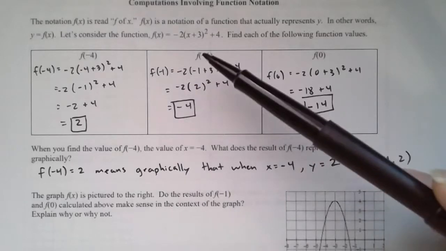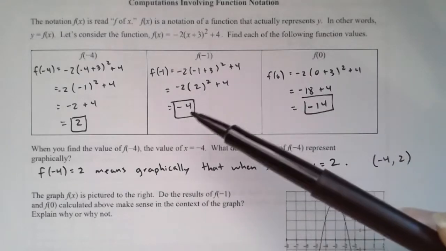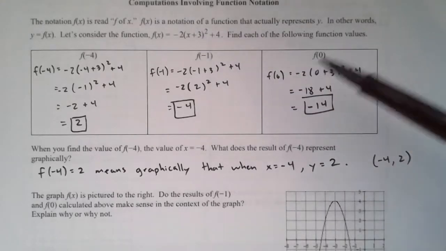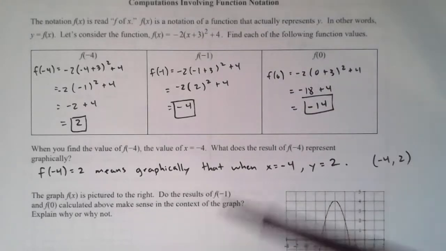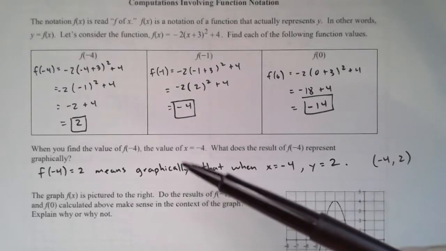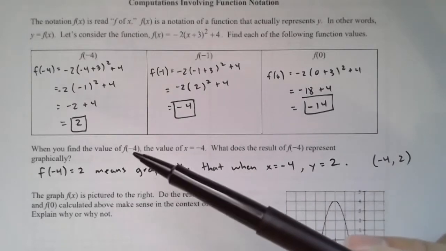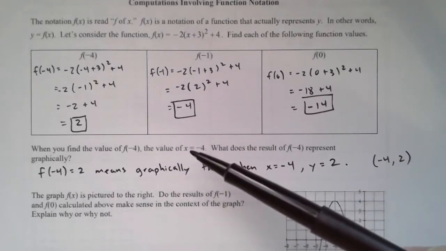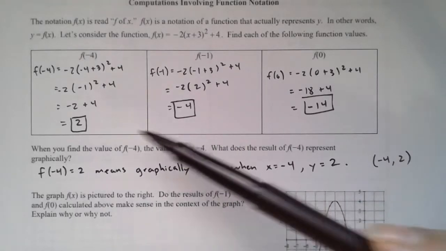Here, f of -1, and I got -4. Here I plugged in 0, and then I got -14. So the first one says when you find the value of f of -4, the value of x equal to -4, we got 2.